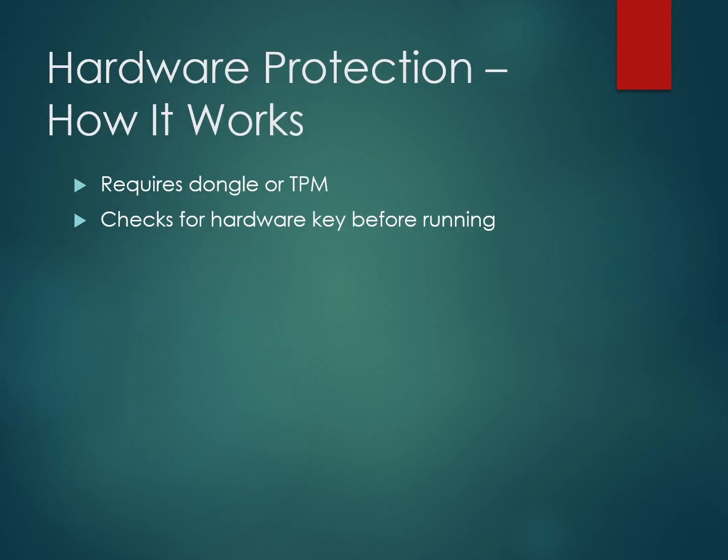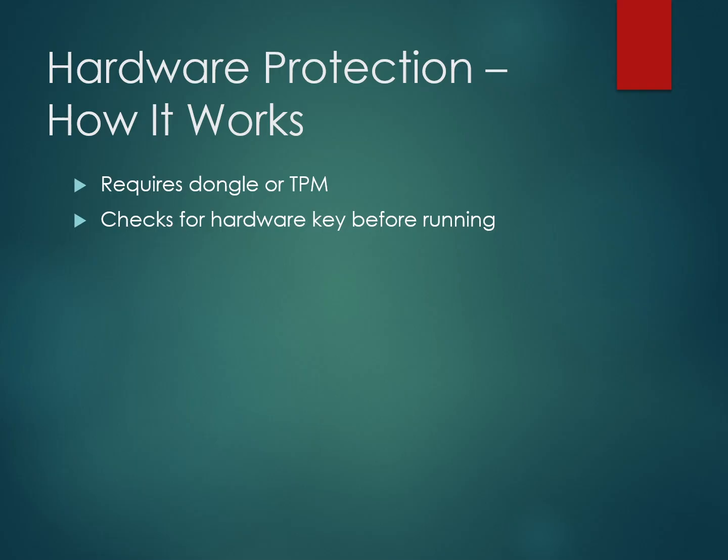The final system I will be talking about is hardware-based protection, which is where physical devices will be used to store a cryptographic key, and then the software that you are trying to use will communicate through this hardware device through some form of secure API in order to verify that the correct key is present before it executes.